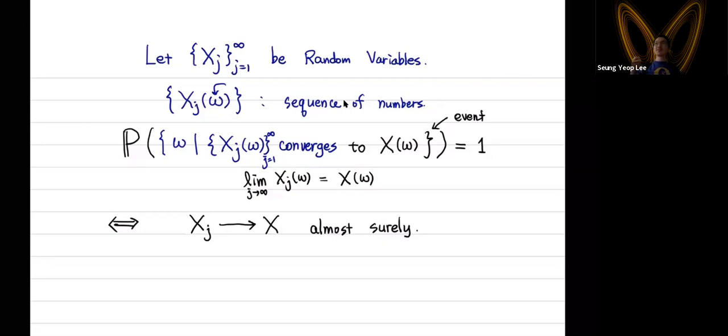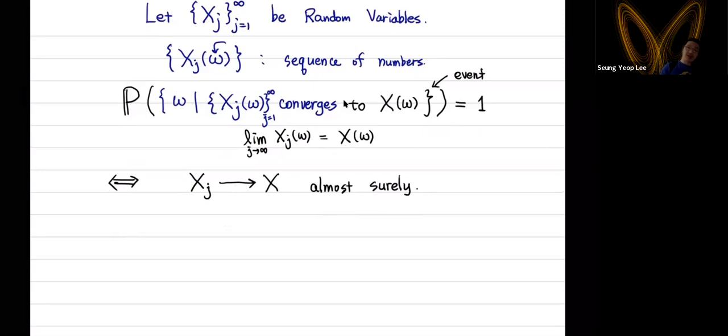The number of heads after we throw 10 times or number of heads after we throw 1,000 times, the average is getting closer and closer to the number 1/2. This is such example. So xj was the average, so example last time.